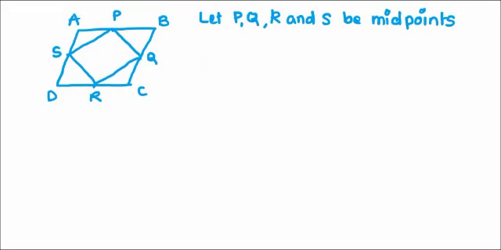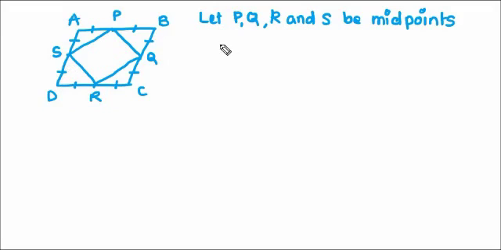We need to prove that quadrilateral PQRS is a rectangle. What we know here is this is equal to this, equal to this, equal to this, and they are all equal size because in rhombus the sides are equal and these are midpoints, so they are half of the side, and hence all these small parts are equal.